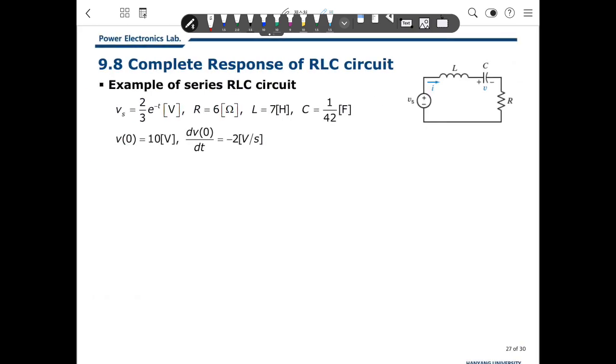Okay, this example of series RLC circuit is very simple. So we'll try to solve the problem first here. Okay, I captured the parameters here.